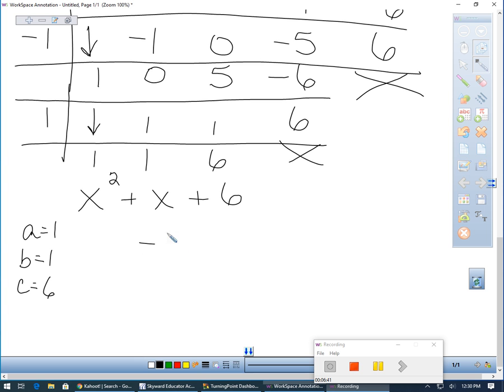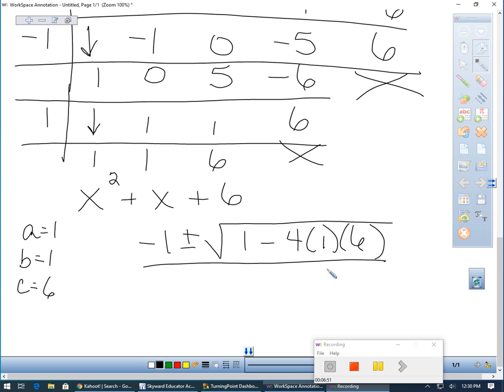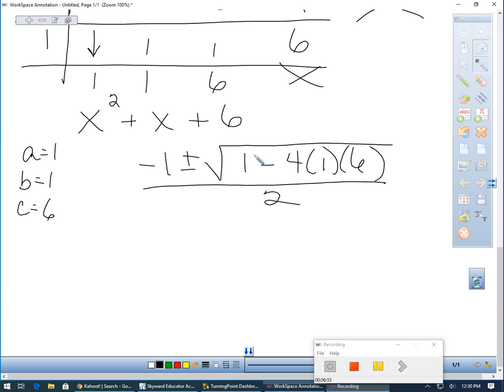So, negative b plus and minus the square root of b squared minus 4 times a times c, all over 2a. In here we have 1 minus 24, or negative 23. Do you guys agree? So if I have the square root of negative 23, what can come out of there?